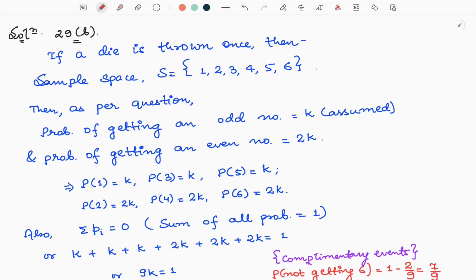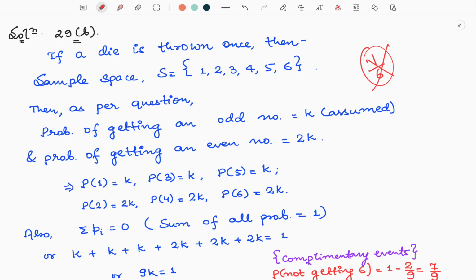If it were an unbiased die, the probability would have been 1 by 6 for every number, but it is not so. It says that the probability of getting an even number, like 2, 4, 6, is twice the probability of getting an odd number. So first of all, we are asked to find only that probability.